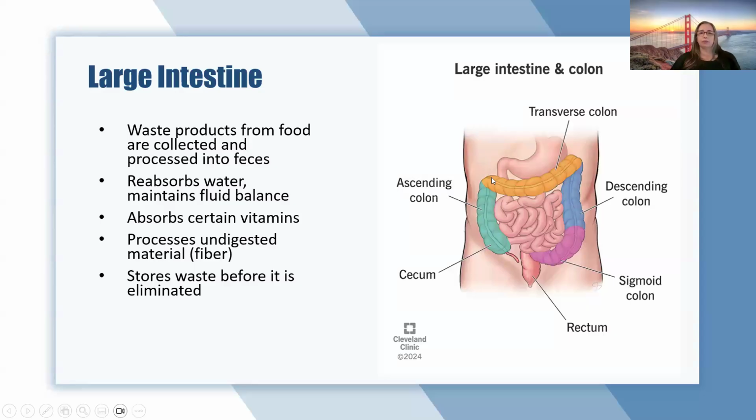It's more of a mushy texture in the transverse colon. Then in the descending colon and sigmoid colon, the stool has the least amount of water left in it, so it's more solid, which makes it easier for the body to propel it out. The large intestine can absorb certain vitamins, but it's not considered a hugely important part of nutrient absorption.